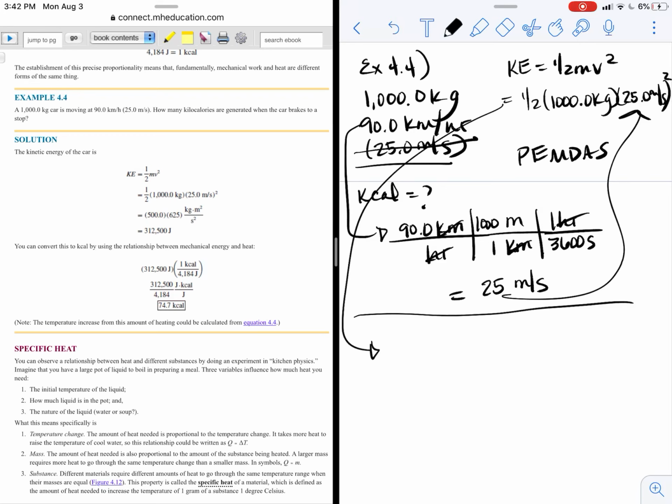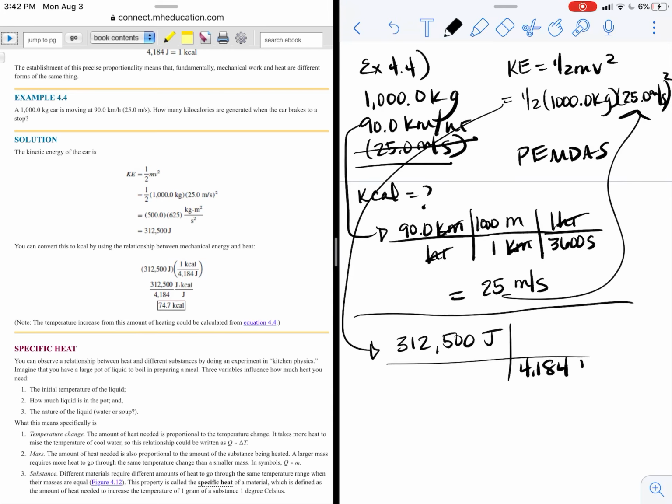So I did all of this work and I got 312,500 joules. Remember, kinetic energy is measured in joules, but it did not ask me to find it in joules. It asked me to find it in kilocalories.